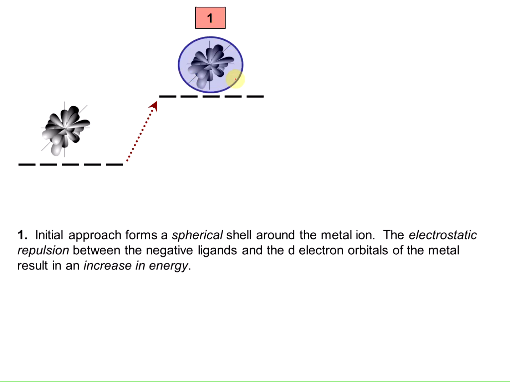The electrons in the d orbitals feel the electrons from the ligands, and so they become destabilized. So you get this initial electrostatic repulsion between the negative ligands and the d electron orbitals of the metal. That results in an increase in energy because of this repulsion between the electrons on the metal and the electrons on the ligand.